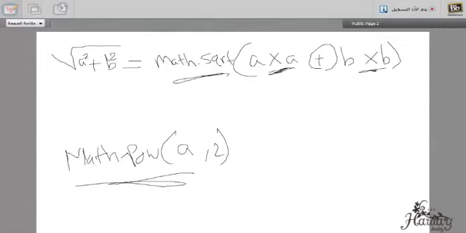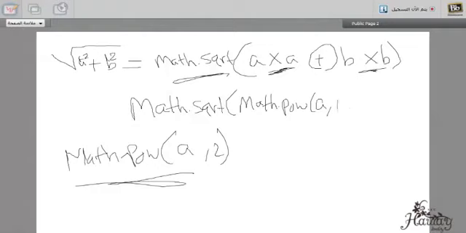Now, what if you have a to the power of 12? Obviously, it's impossible to write a times a times a, 12 times. You're going to have to use Math.pow. So you say Math.sqrt, then inside the bracket you put Math.pow(a, 12), plus whatever, and then you finish, because obviously it's impossible to write a 12 times.